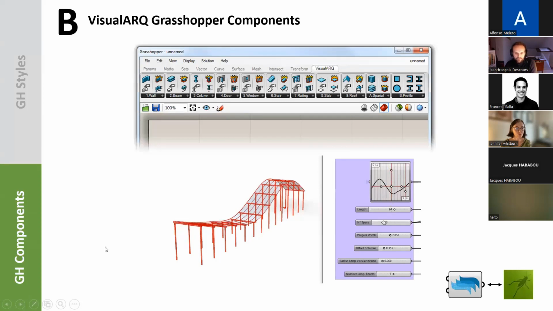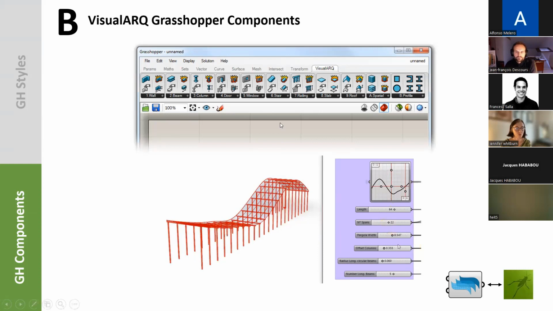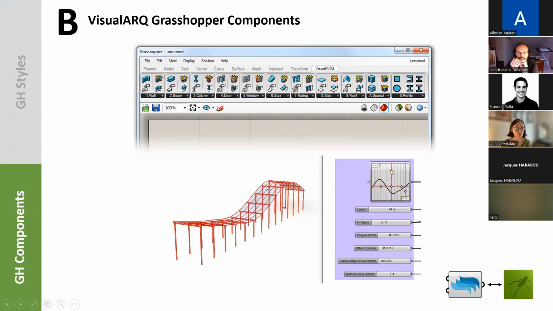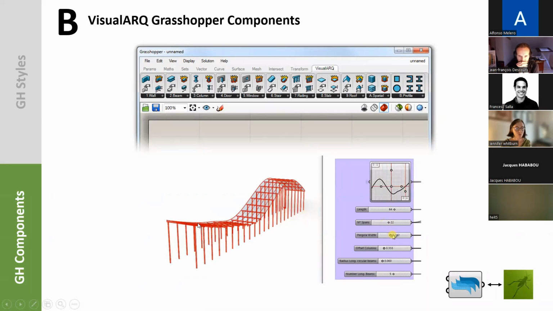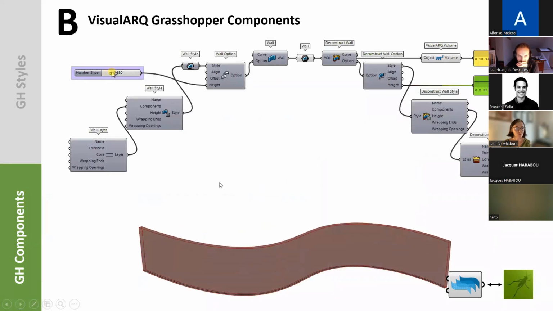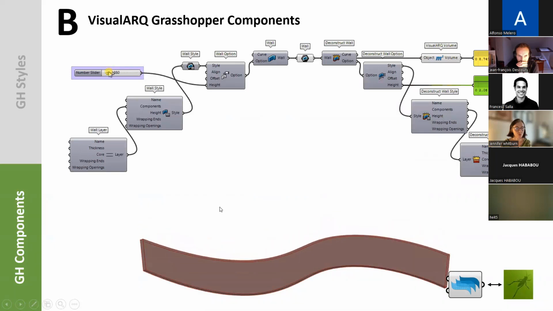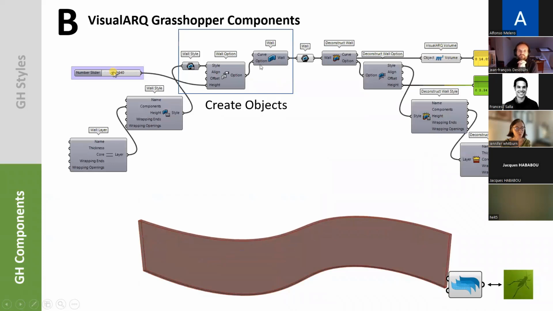Then we talk about the second integration of VisualARQ with Grasshopper. Basically, we have all the objects available there, so we can get them involved into our parametric designs in Grasshopper. And there are different types of components. For example, we have components to create new objects, like this one that generates a wall.